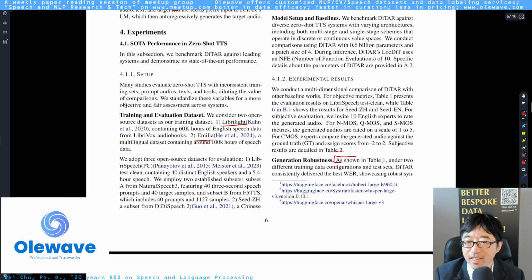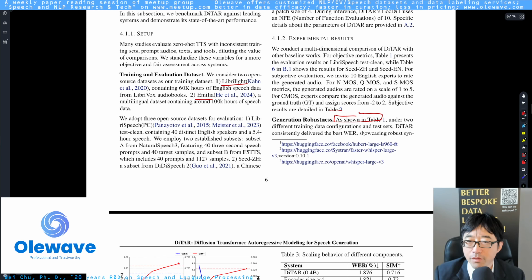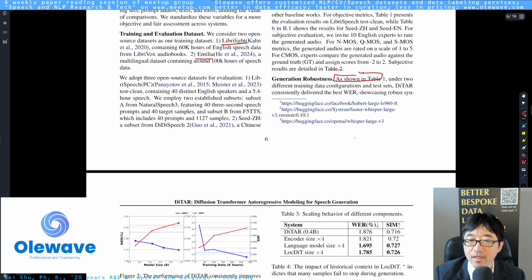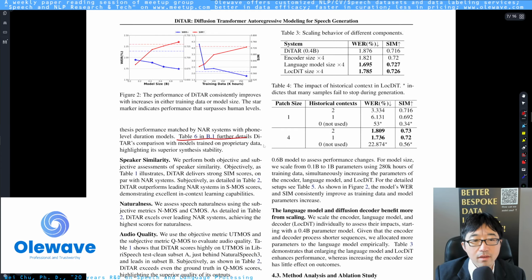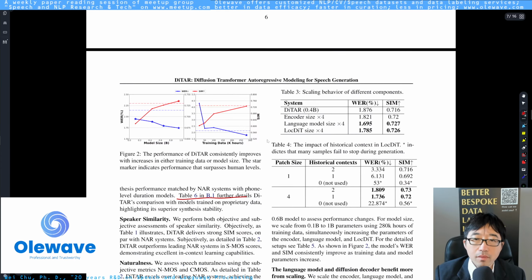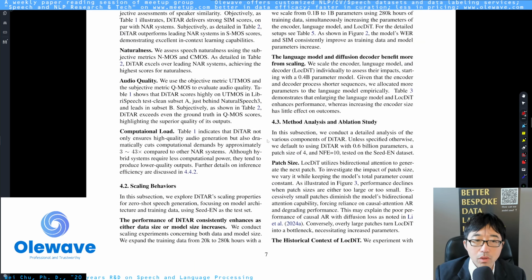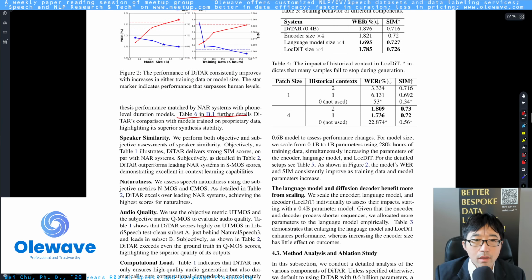They mentioned here, as shown in Table 1, two different configurations. Oh, that's it? Because I'm expecting them to discuss the results in Table 1. Okay, that's what they're discussing.